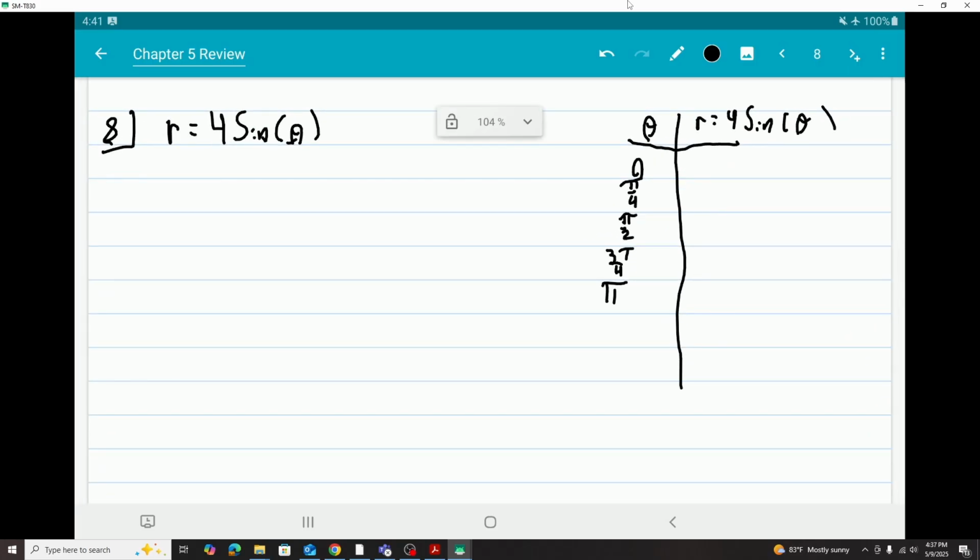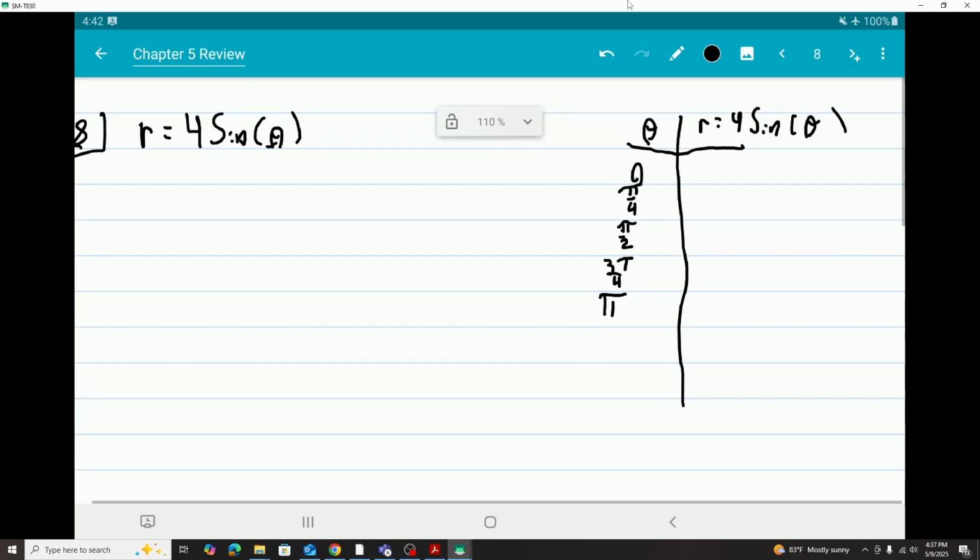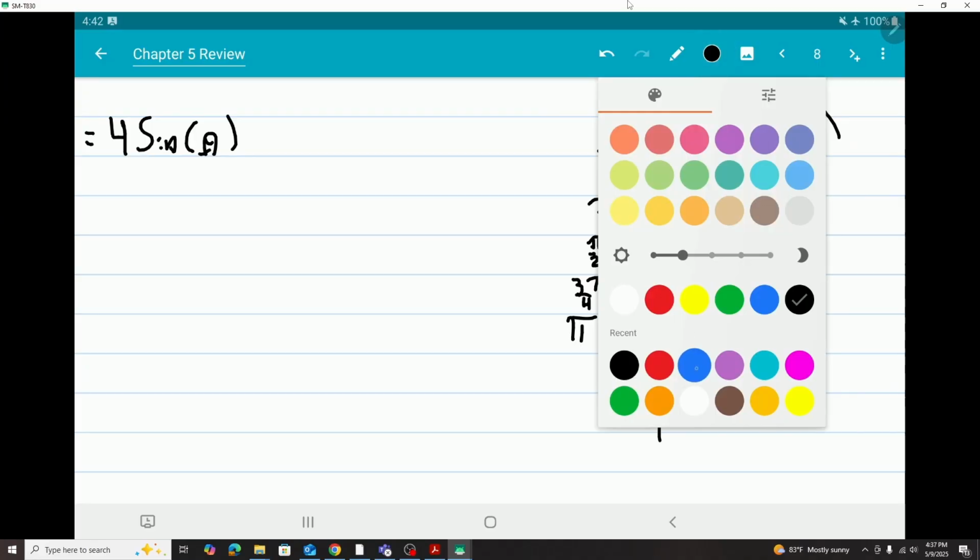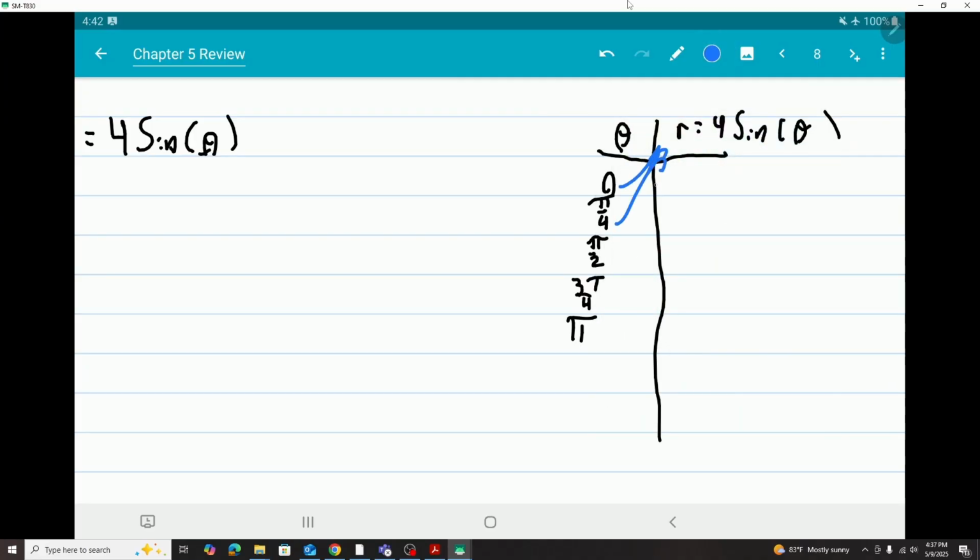So I see 4 sine of theta. Maybe I don't remember exactly what's going on, but I know it's somehow a circle that's moved a little bit. So now I just plug these thetas into 4 sine of theta. I get 4 times 0 when I plug in 0, because sine of 0 is 0. Sine of pi over 4 is square root 2 over 2, so we get 2 times the square root of 2.